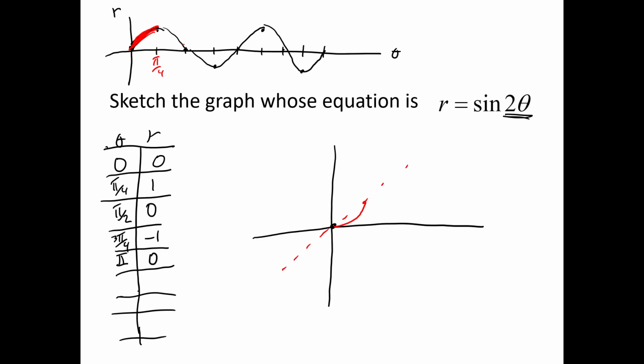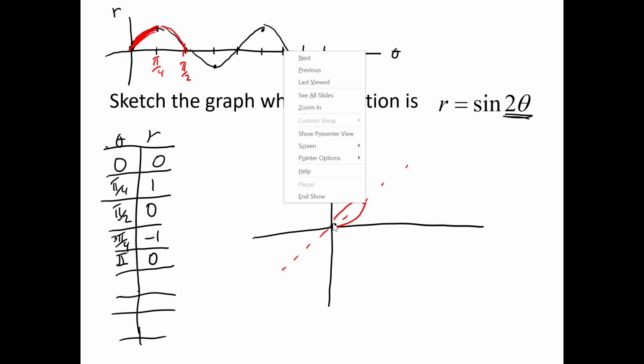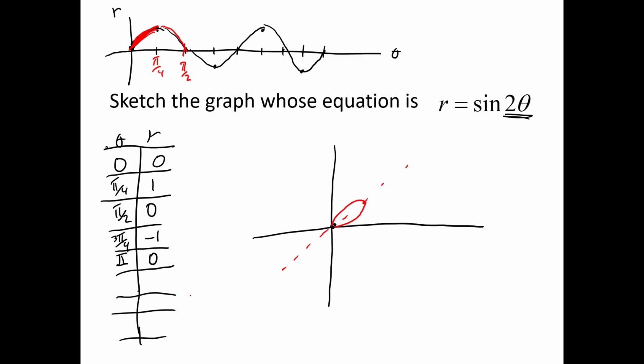When you're going from pi over 4 to pi over 2, then your R value starts to get smaller, and at pi over 2, you're back at the pole. So then you're there. Okay. Now once you get past pi over 2, so you're over here in this quadrant, your R values are all now negative. You can see that right here in this part of the graph, your R values are negative.